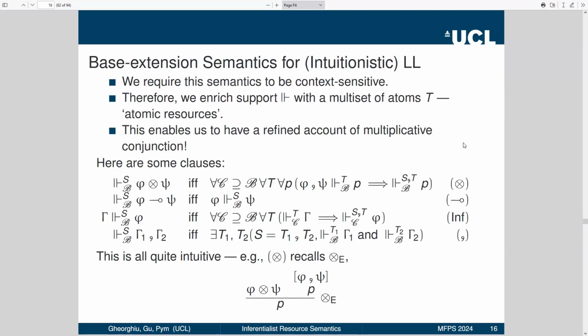Let's look at linear logic. I actually have two ands, the tensor and the comma, and for BI I have four ands. The comma and the semicolon allow me to talk about structure, and the tensor and the other one allow me to talk about behavior.